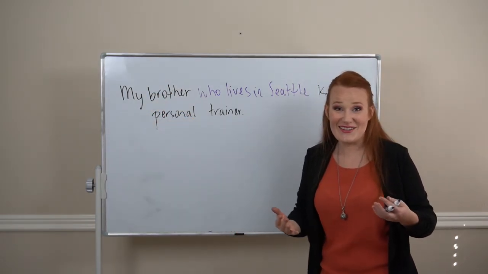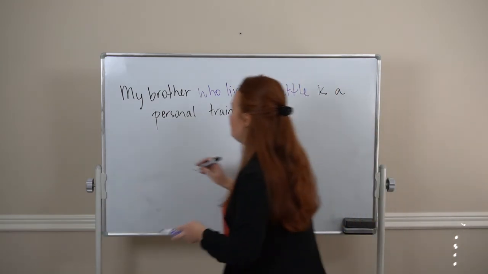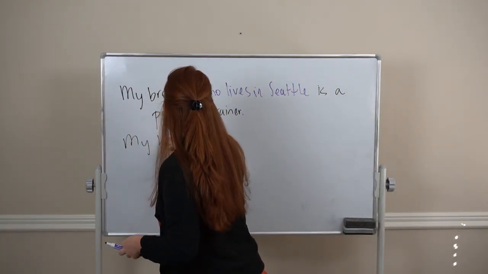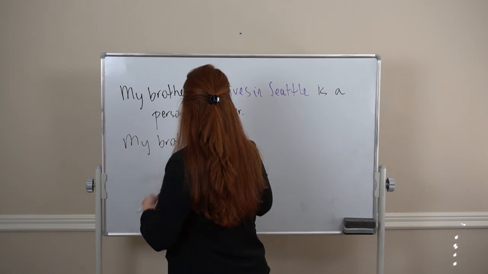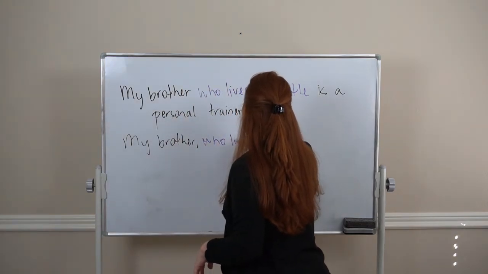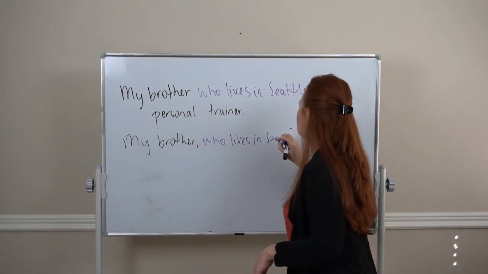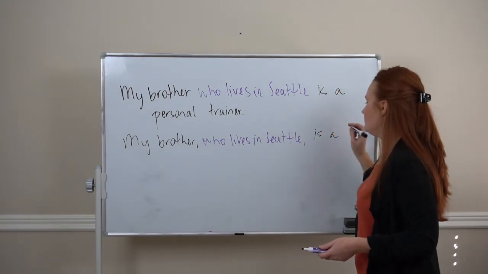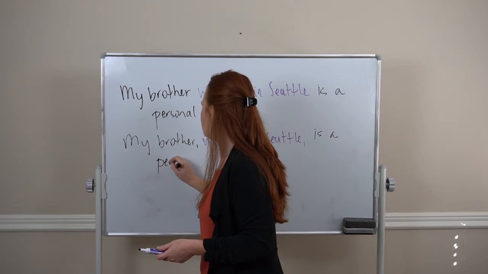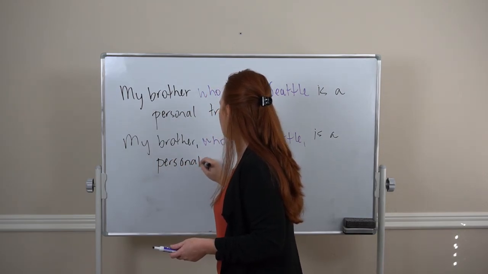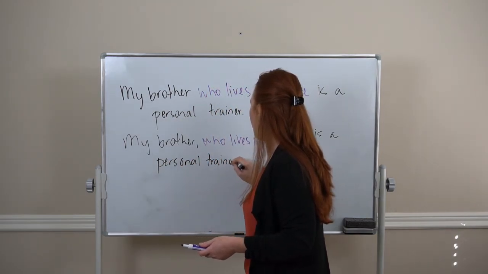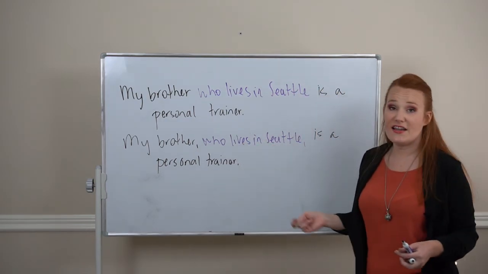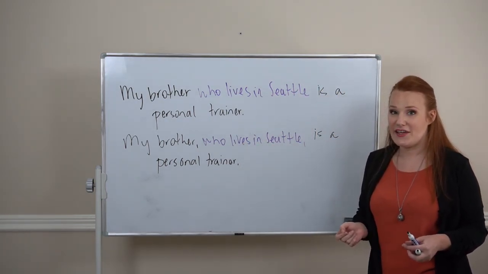So we need this relative clause to tell my listener which one of my brothers. But this might also be a non-defining clause. My brother, who lives in Seattle, is a personal trainer. In this case, this is a non-defining clause. It's not identifying which brother.